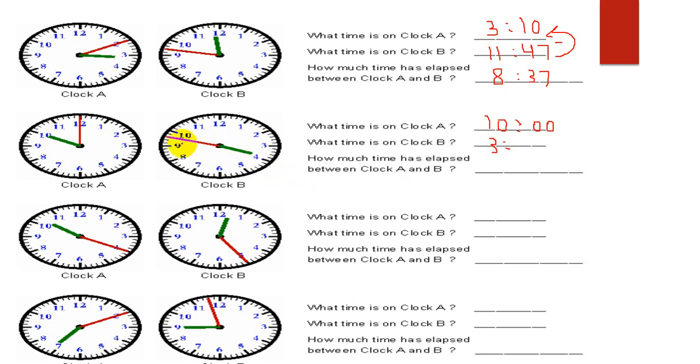And the long hand points to between 9 and 10. 9 means 45 and 10 means 50. Count 45, 46, 47, 48. 3:48.